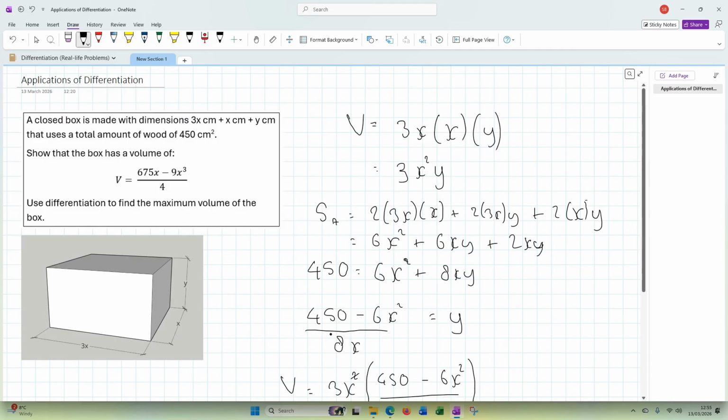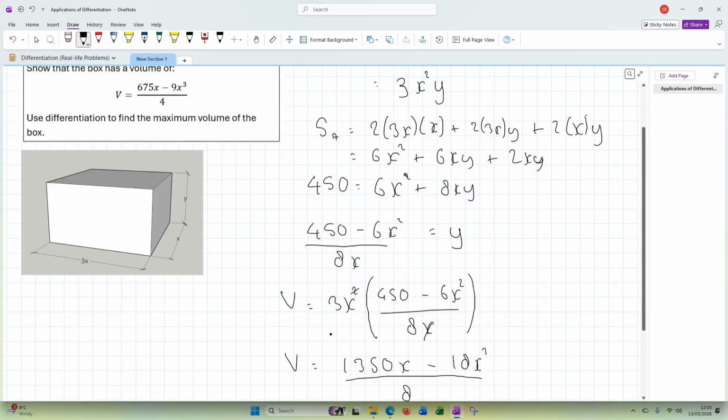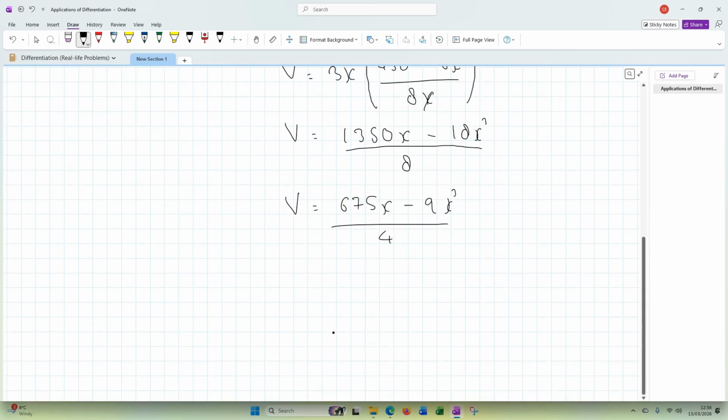So now we want to find the maximum volume of the box using differentiation. So we just take the derivative of V with respect to x. So dV over dx equals 675 minus 27x squared, over 4.